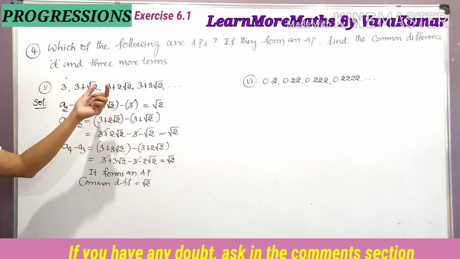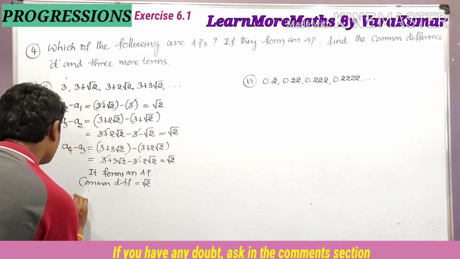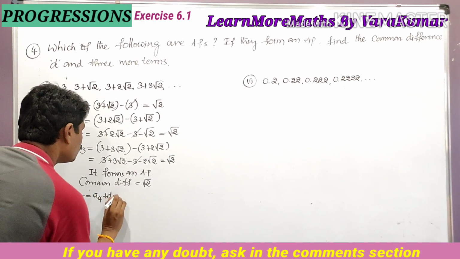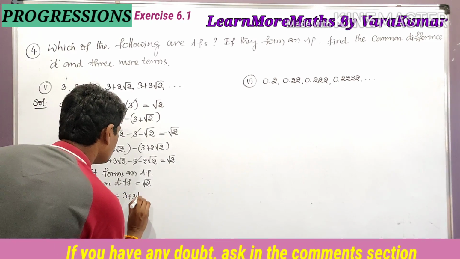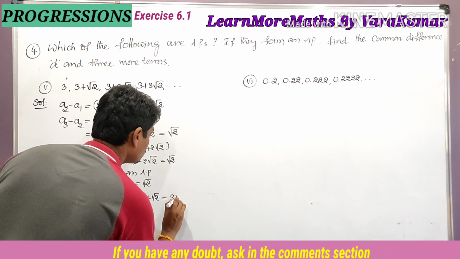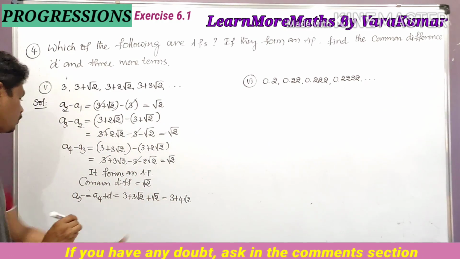So next he is asking us to find three more terms after a1, a2, a3, a4. So next a5 is equal to a4 plus d. We have a4 as 3 plus 3 root 2, plus d, that is root 2. So it becomes 3 plus 4 root 2. So 3 root 2 plus root 2 is 4 root 2.